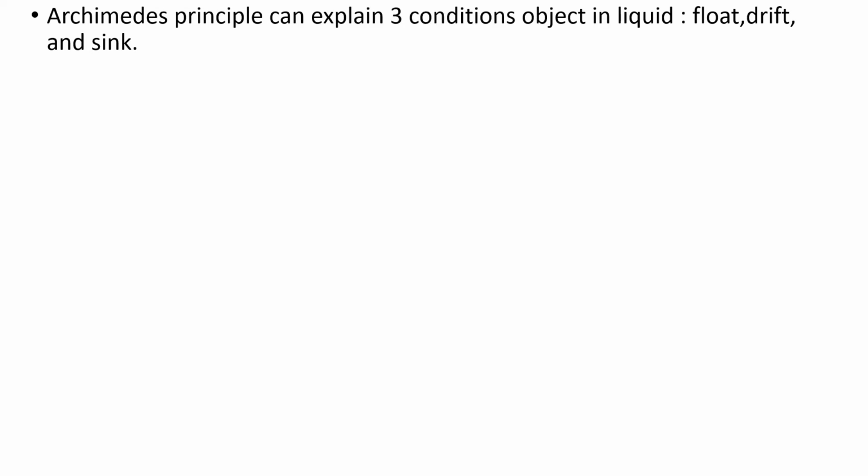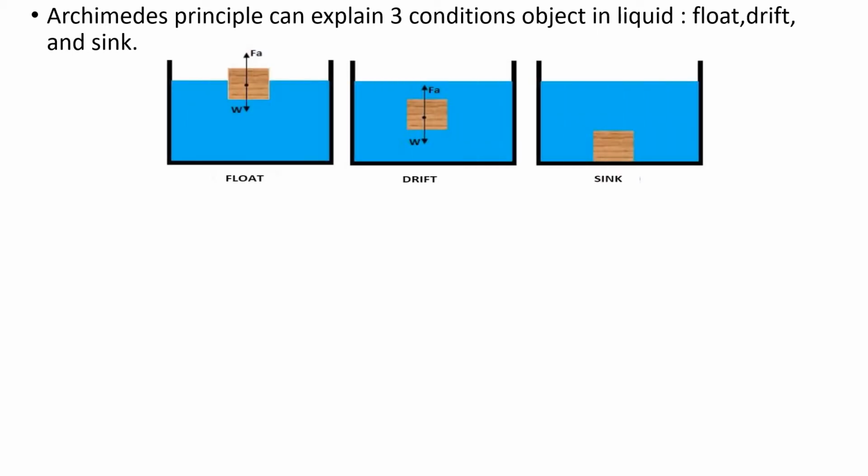Archimedes' principle can explain three conditions of an object in liquid, which are float, drift, and sink. The three conditions of an object in liquid can be seen in the figure below. Firstly, we will discuss floating. From the figure, we can see that the object is in an equilibrium condition, so the resultant force on the y-axis equals 0.